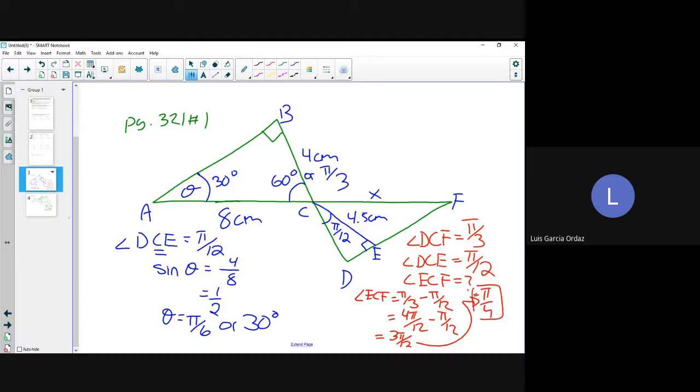Okay? So now angle ECF is equal to pi over 4. So now that we know angle C is pi over 4, and we know that one of the sides is 4.5, what can we do to solve for the hypotenuse now?